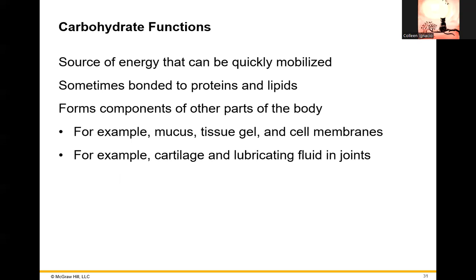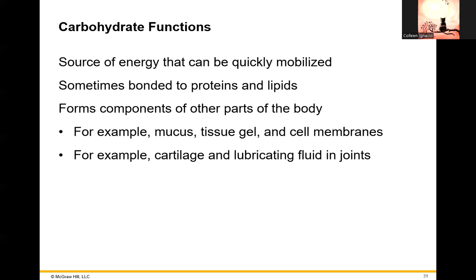Okay? So what is the job of carbohydrates? Well, carbohydrates are important because they're a source of energy that can be quickly mobilized in the body, especially if your patient is a diabetic patient. For example, they have what we call hypoglycemia. They have low blood sugars.